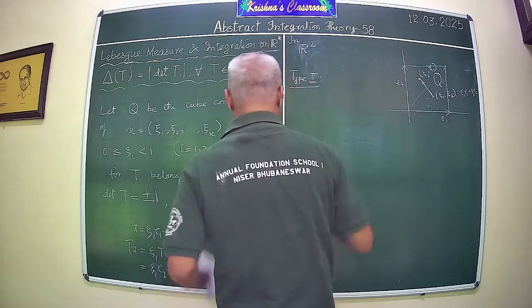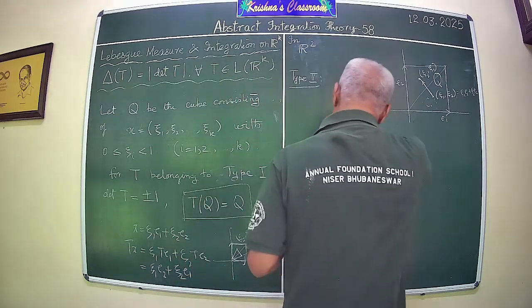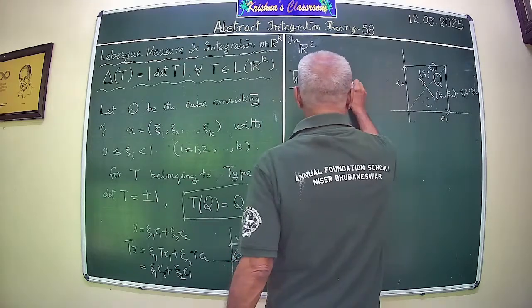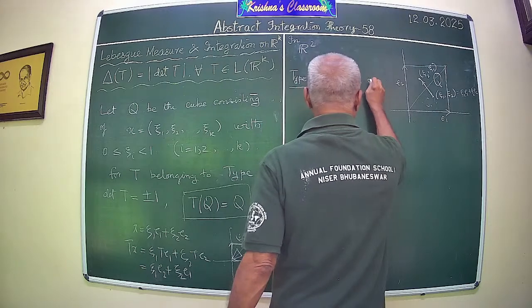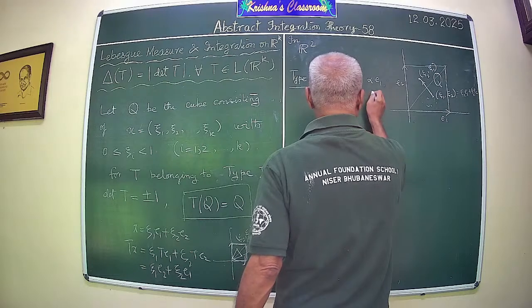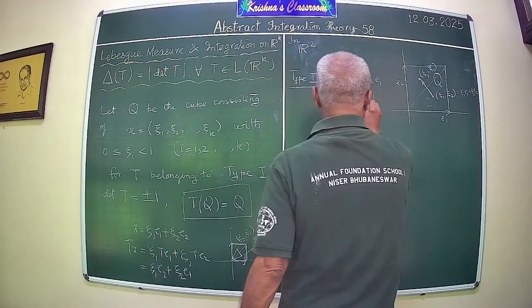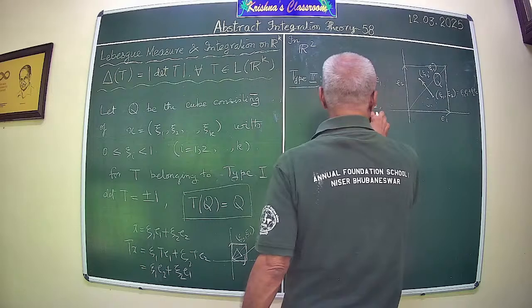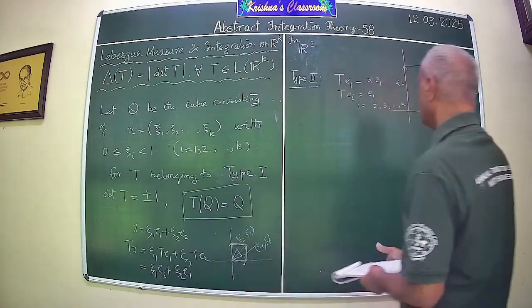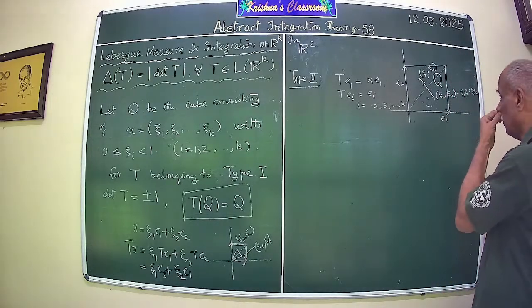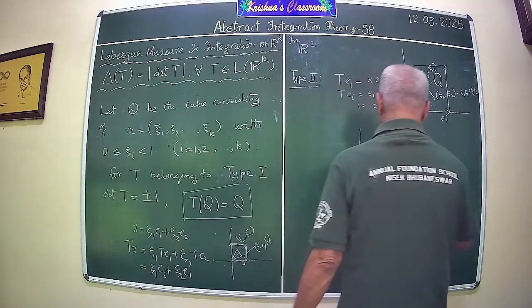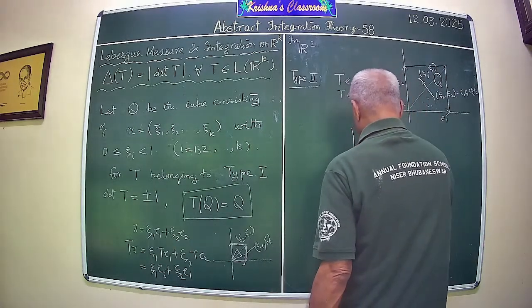What is the geometry for type 2? Type 2 is T E1 equal to alpha E1, T Ei equal to Ei for i equal to 2, 3, etc. The picture is in R2. What happens to Q?